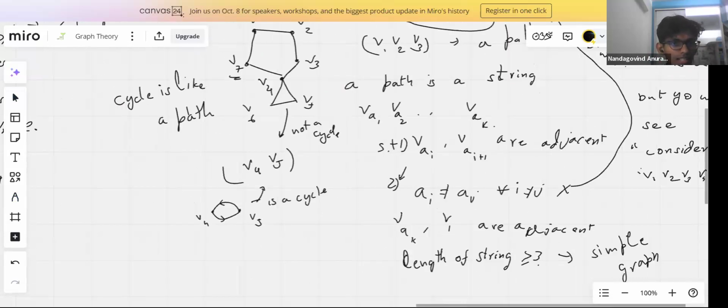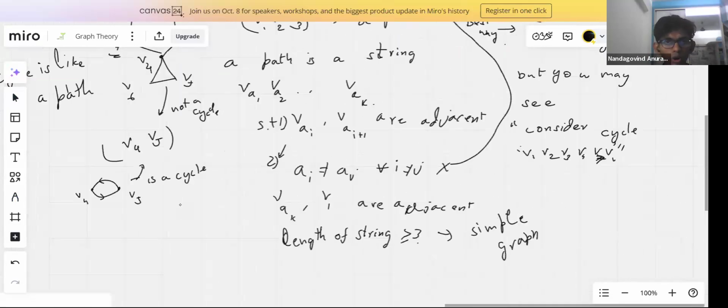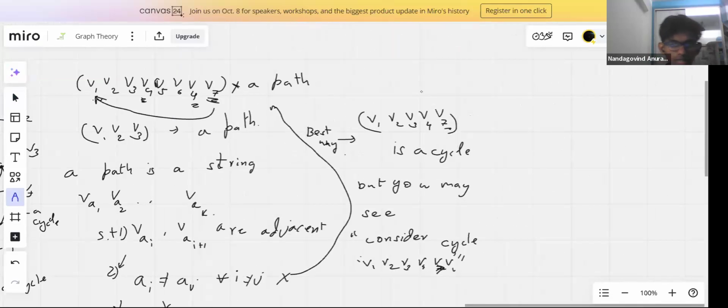And the last thing that we had, walk. A walk allows you to repeat vertices. All that's not allowed to be repeated is edges. Edges can't be repeated.